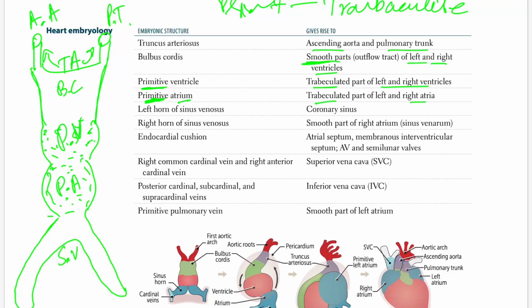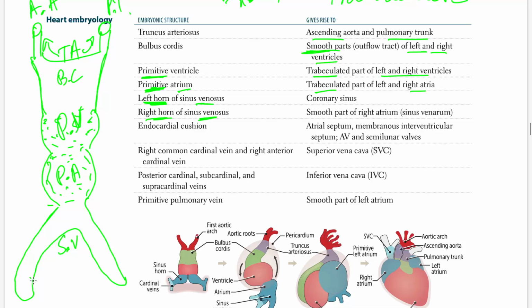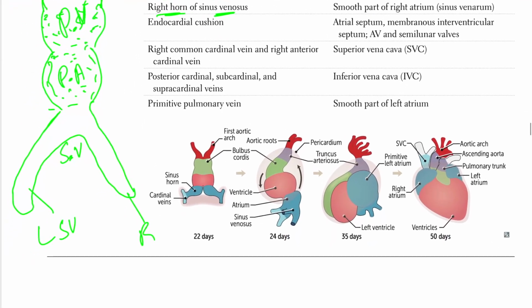We have a left horn of sinus venosus and a right horn of sinus venosus.